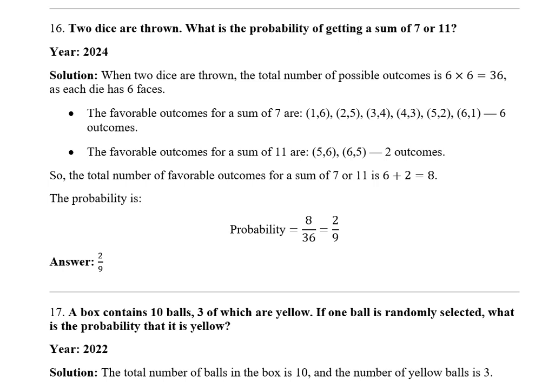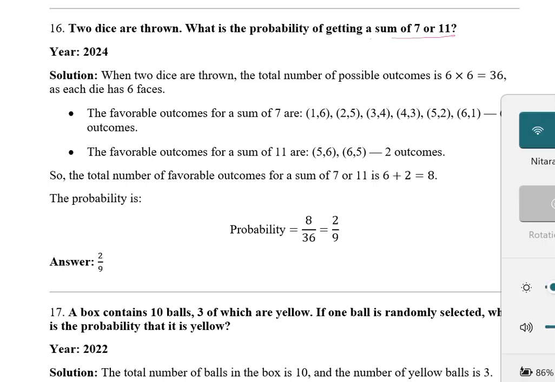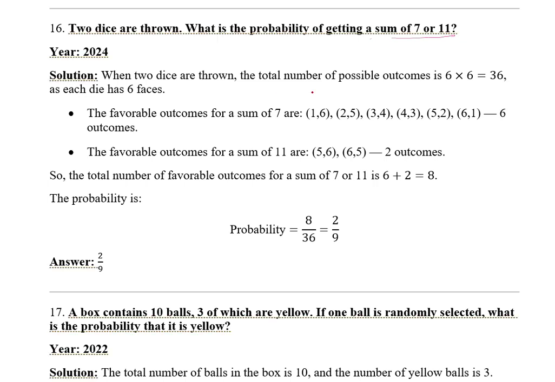Two dice are thrown. What is the probability of getting a sum of 7 or 11? When two dice are thrown, the total number of possible outcomes is 6 times 6, which is 36.